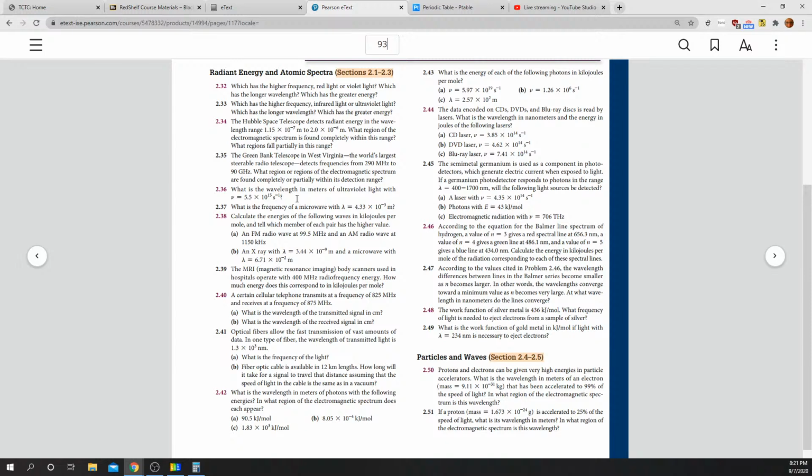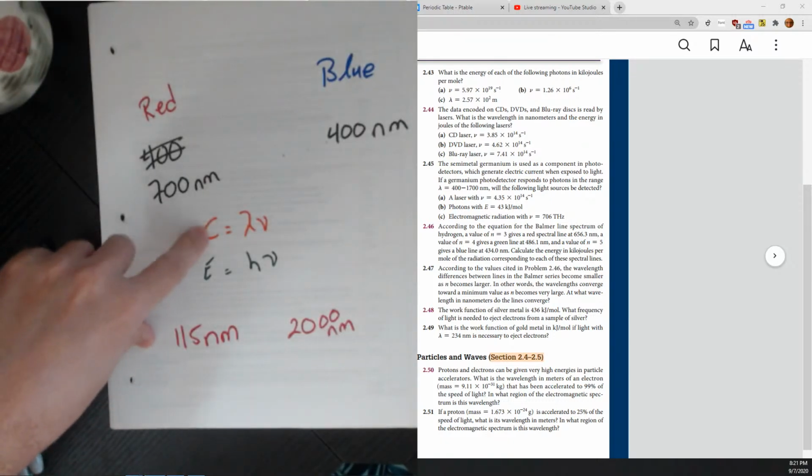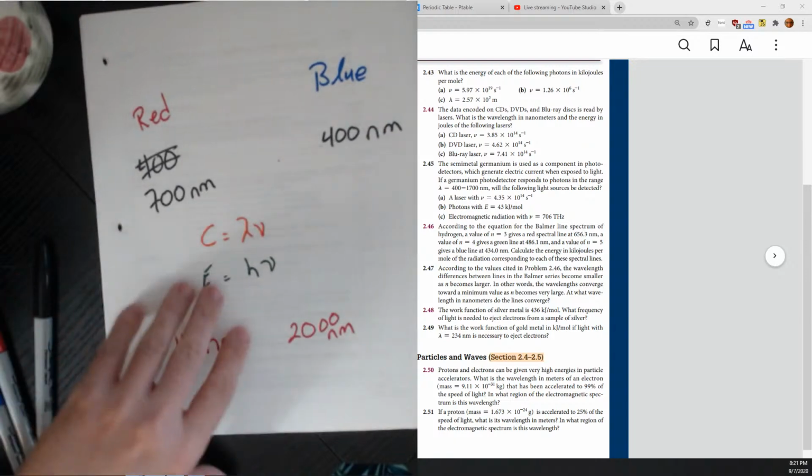Next up, what is the wavelength in meters of ultraviolet light with a frequency of 5.5 times 10 to the 15th hertz? Okay, so that is a math problem. We are going to be using the equation c equals lambda nu.